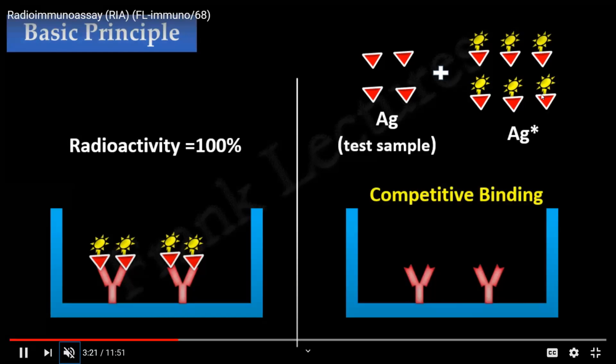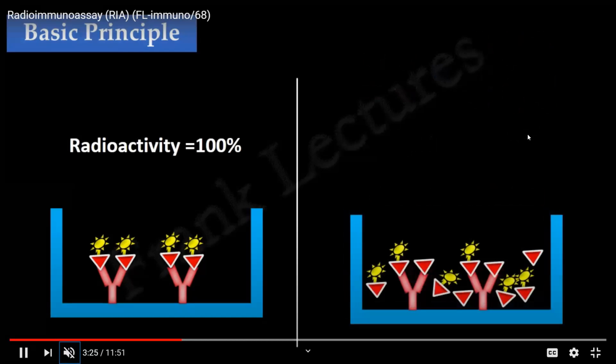Now what will happen is there will be a competition between both the antigens. Whether they are radio-labeled or not, the antigens are the same. We have radio-labeled one just to distinguish which are radio-labeled and which are not, so that we can perform this test.